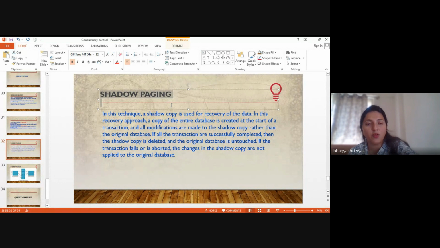Have you heard about the paging technique in the operating system, OS? Paging, segmentation.